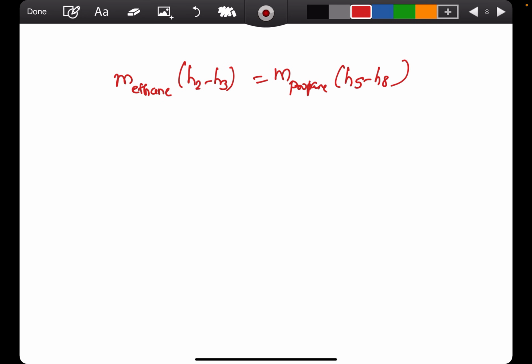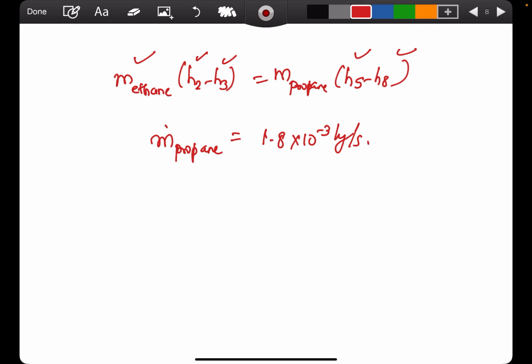So if you put in the values of the corresponding enthalpies and the mass flow rate of ethane, you will get the mass flow rate of propane, and that comes to around 1.8 into 10 raised to minus 3 kg per second. You might get a different value depending upon how accurately you are extracting the enthalpy values.